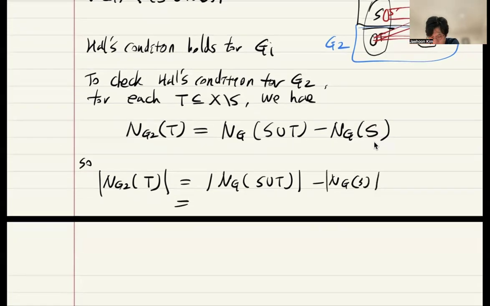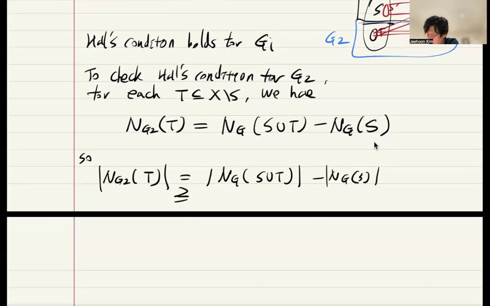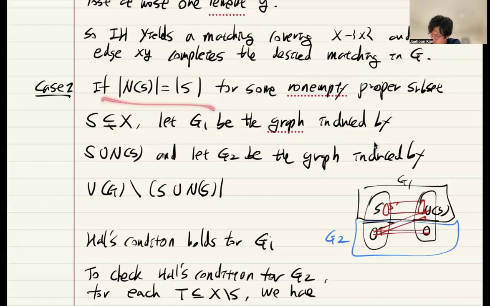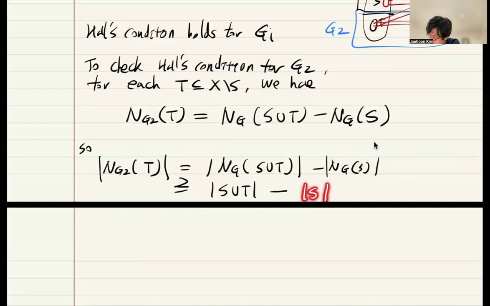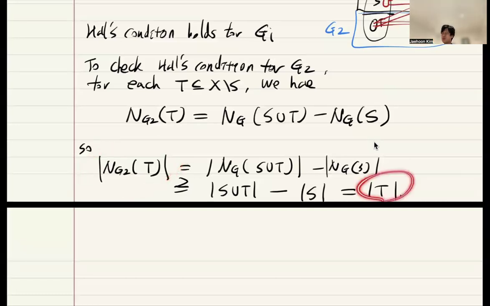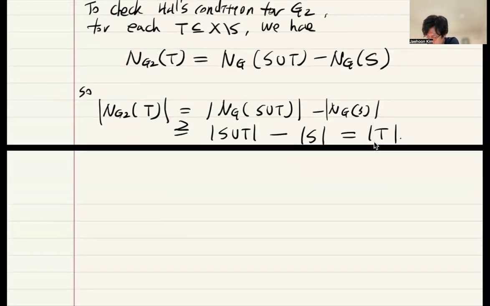But the original graph satisfies Hall's condition, so this set is as big as S union T, and by our choice, this equality holds. So this set has size |S|, which is the size of T. So the neighborhood of T is as big as the set T itself.